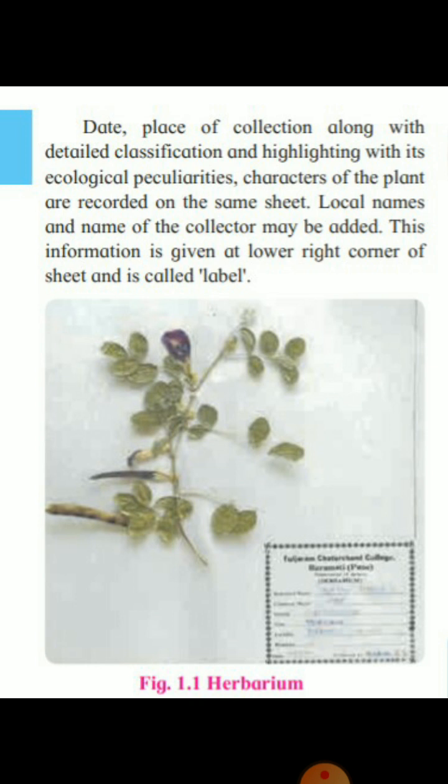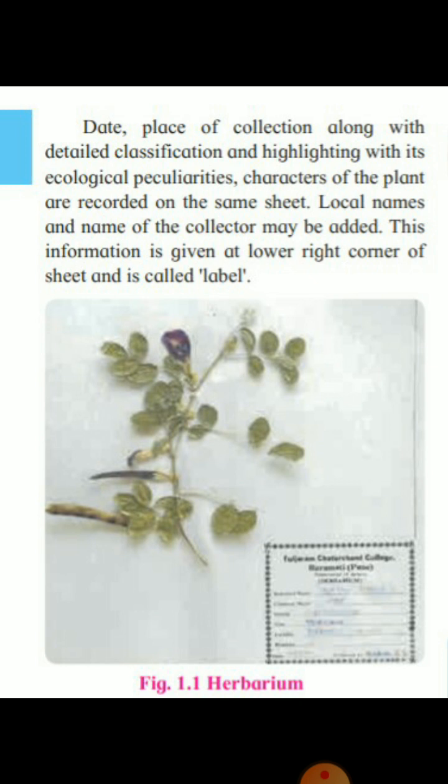So local name, such as, now you can see in this picture, Clitoria ternatea. Okay, that is the botanical name of Aparajita. In Marathi it is also known as Gokarna. Okay, so in many languages it might be different. So botanical name is helpful.